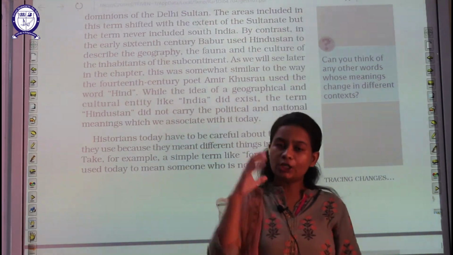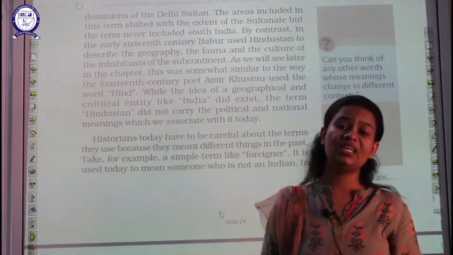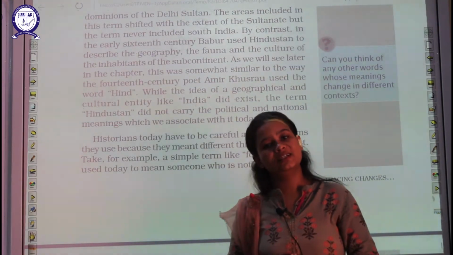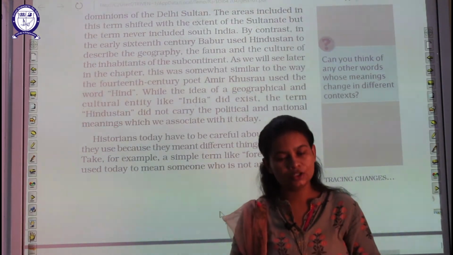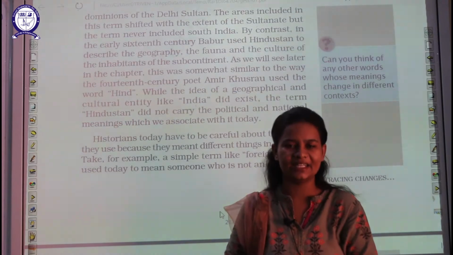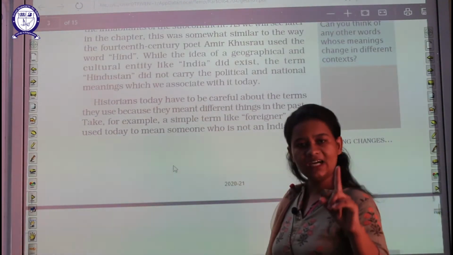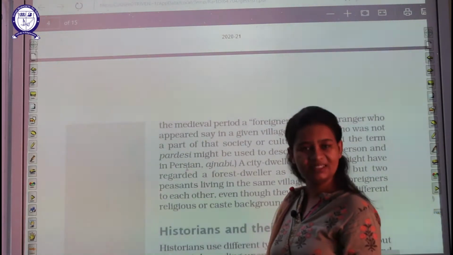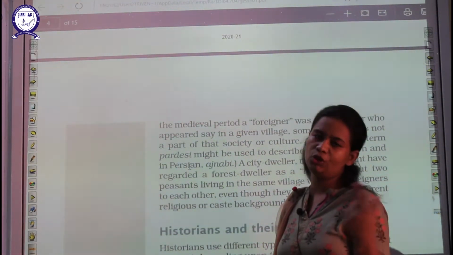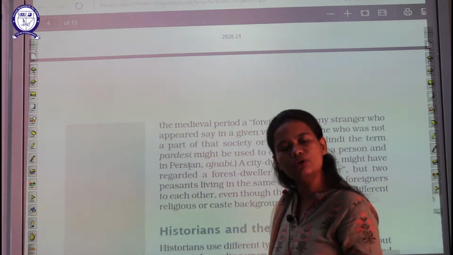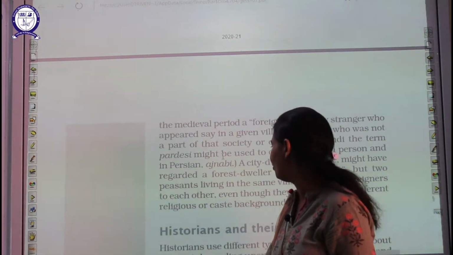But if we talk about today's time, all the persons who are not Indians, or who are from outside India, are termed as foreigners. So the term is the same, foreigner, but in the old time we used it in one way, and in modern time we use it in a different way.